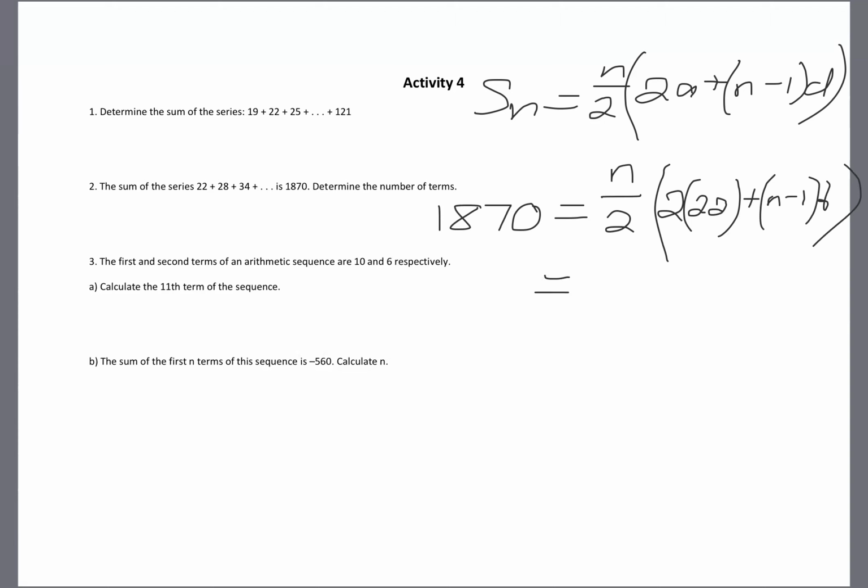And then I just solve for n, right? So I'm going to say 1,870 on that side, and then I'm going to multiply it by 2. And then this side I'm left with n times 2 times 22, 44, plus 6n minus 6.